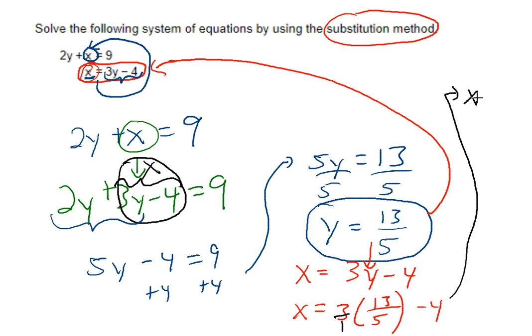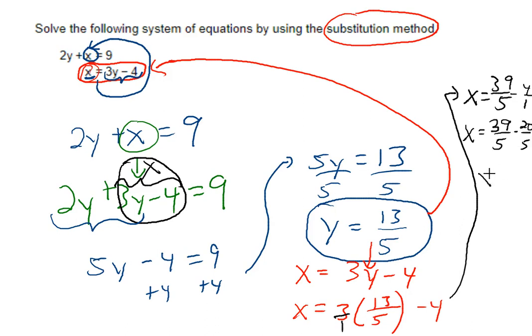So what we're going to get is x equals 39 over 5, right? 3 times 13 is 39. 1 times 5 is 5. Minus 4, which I will also think of as a fraction, being over 1. And we have to get a common denominator. So the common denominator will be 5. So what we're going to get here is 39 over 5 minus 20 over 5. Right, that's what you should get there.